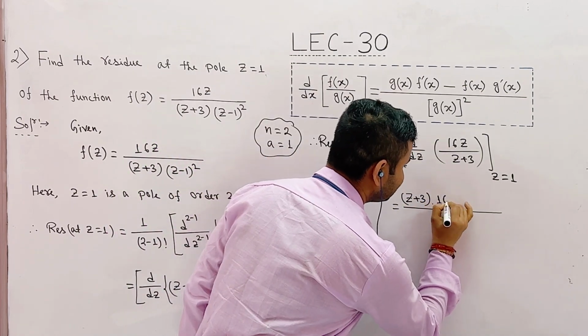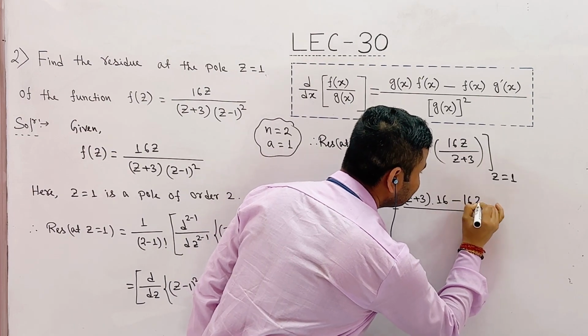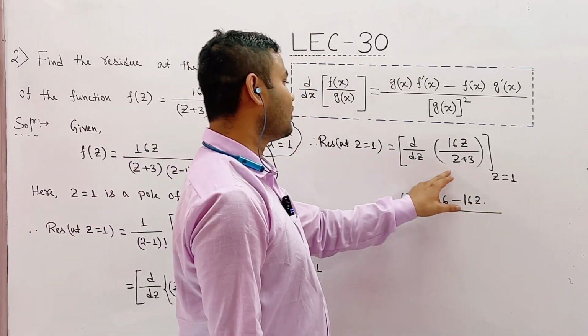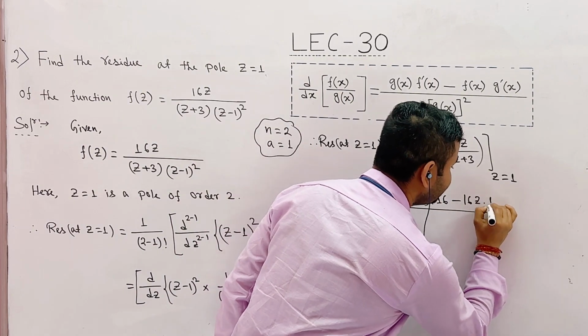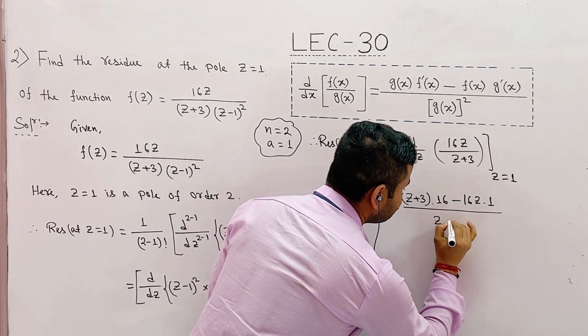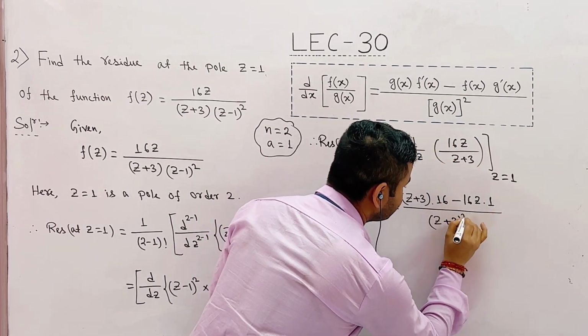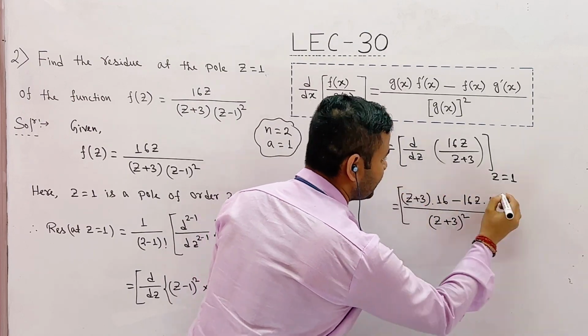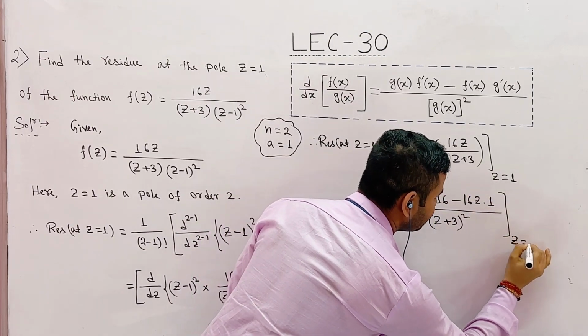So, its value will be 16 minus 16z into d by dz of (z plus 3). So, its value will be 1 divided by (z plus 3) whole square at z equal to 1.